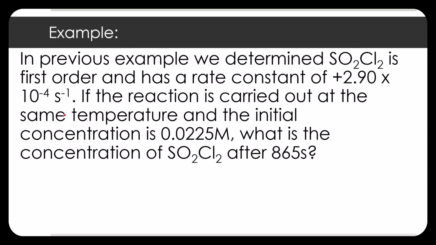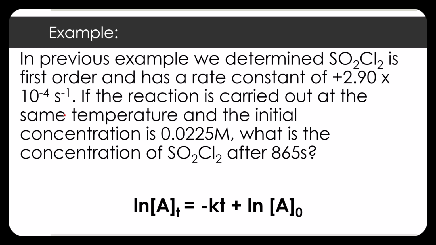Here's another way that I may ask questions from this chapter. So in the previous example, we determined that this reaction is a first order reaction. And we determined that it has a rate constant of 2.9 times 10 to the negative fourth.